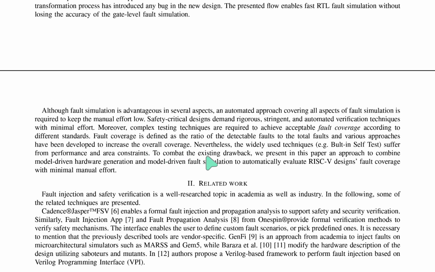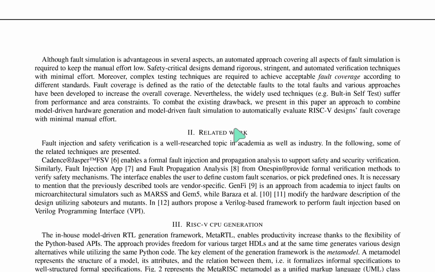To combat the existing drawbacks, we present in this paper an approach to combine model-driven hardware generation and model-driven fast simulation to automatically evaluate RISC-V design fault coverage with minimal manual effort. Section 2, Chapter 2 is related work.